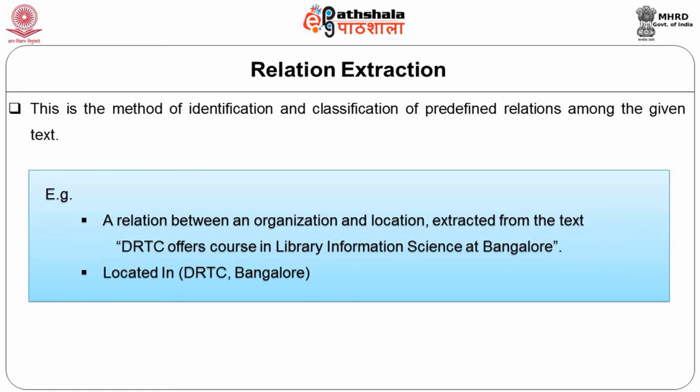It just says that DRTC offers a course in library science at Bangalore. And this is simply part of a bigger website, maybe the Indian Statistical Institute website that is hosted from Kolkata. But how do we extract an entity? As shown here, we have to extract it as located in, in brackets, DRTC, Bangalore.